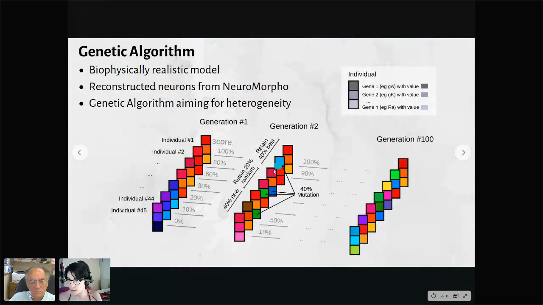That is, these genes were changed. And we keep this process going from generation to generation up to generation 100. We ended up with 45 individuals with very different sets of genes and high scores fitting their target function.